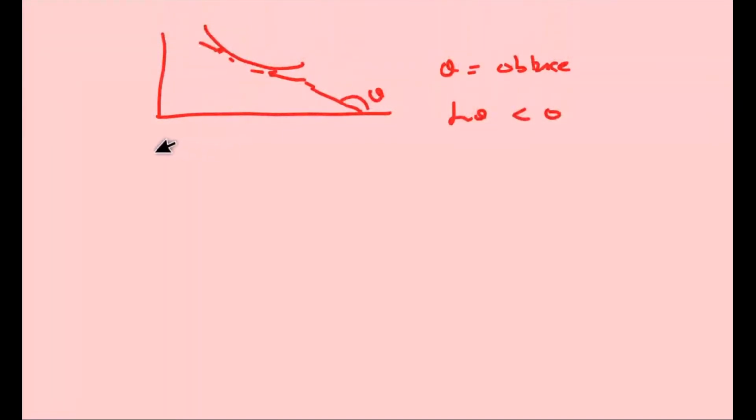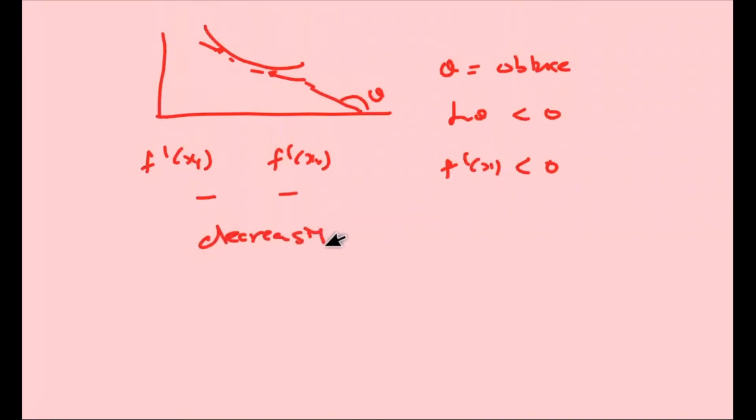So we can say f dash x1 and f dash x2 are negative, meaning f dash x is less than 0, so we can say it is decreasing. This way you can understand that by using the calculation method and by using the first derivative method, we can find whether the function is decreasing or increasing.